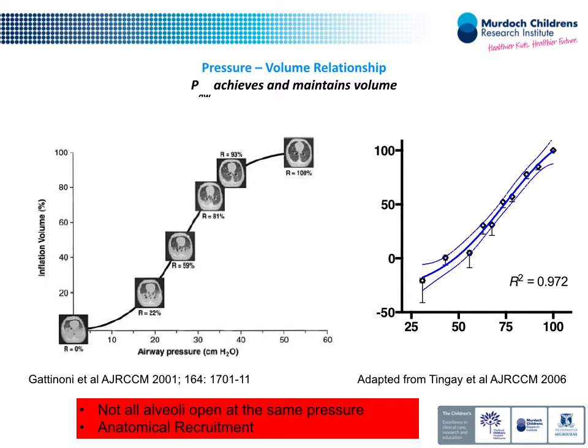We don't, but what we need to understand is that we have two processes here. The first stage is we need to recruit the lung. So recruiting the lung is taking it to a point where as much alveolar as we can is engaging in gas exchange. The next phase is to find the best mean airway pressure that will maintain the recruitment and avoid the overdistension that may be present in the lung.